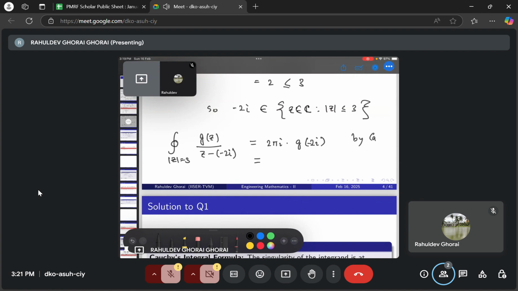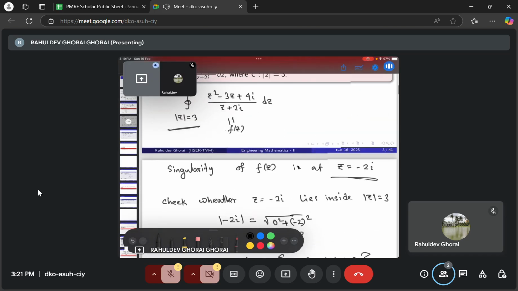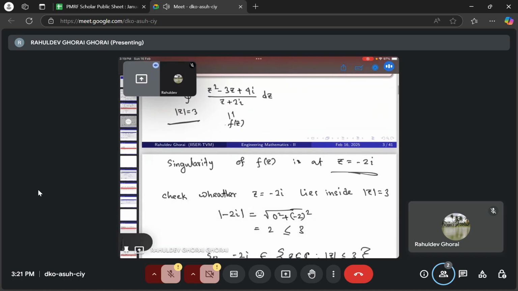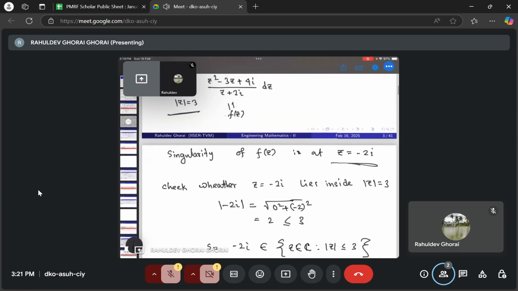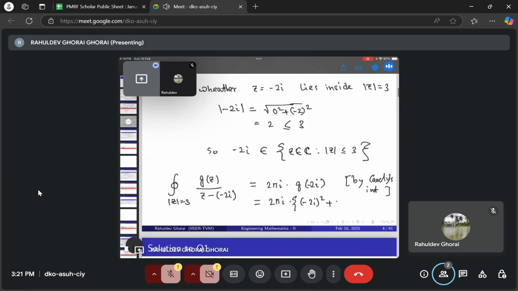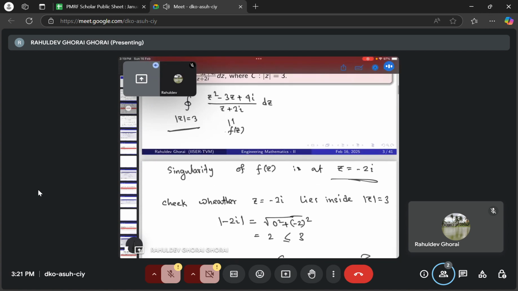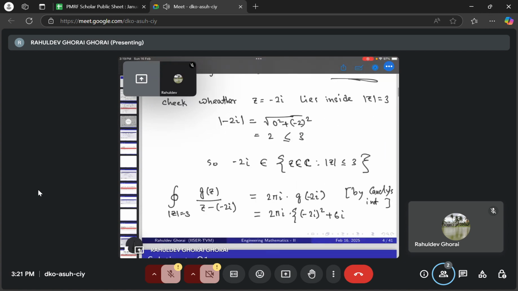That implies 2 pi i times g at minus 2i. What is g(z)? g(z) equal to z square minus 3z plus 4i. So minus 2i whole square, plus 6i, right?